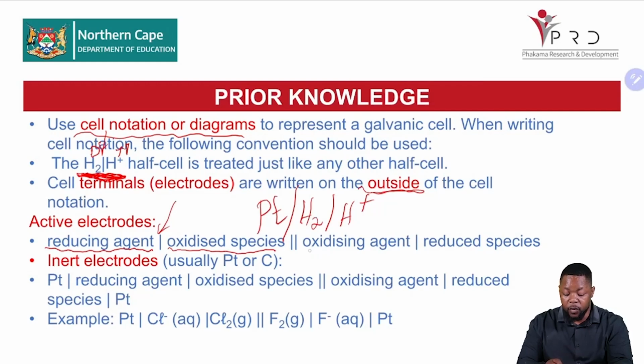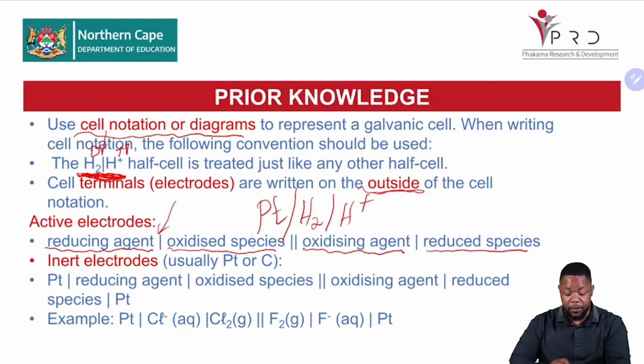Then we have the oxidizing agent, which is a substance that undergoes reduction, and the reduced species, which is a substance that has gained electrons.